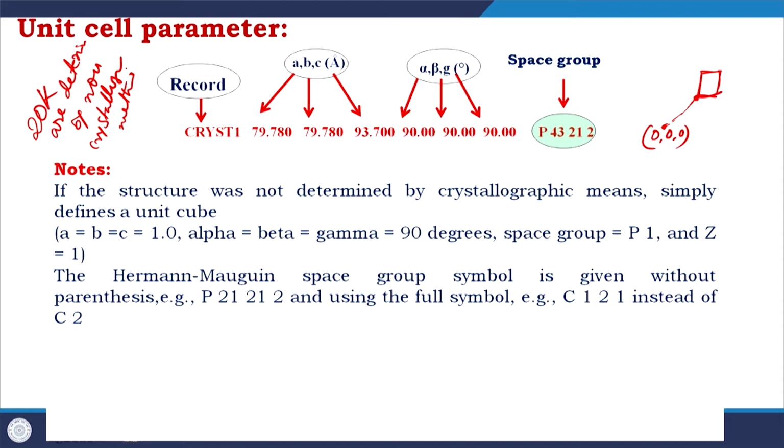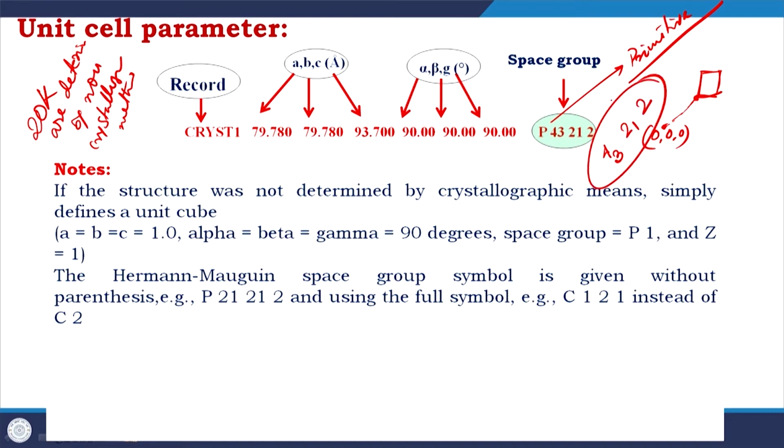So, what are they? Here, P stands for primitive. Remember we talked about all those symmetry things in X-ray crystallography. So, P is primitive, and 4 3 means, like this, 2 1 if I write, now you will understand.